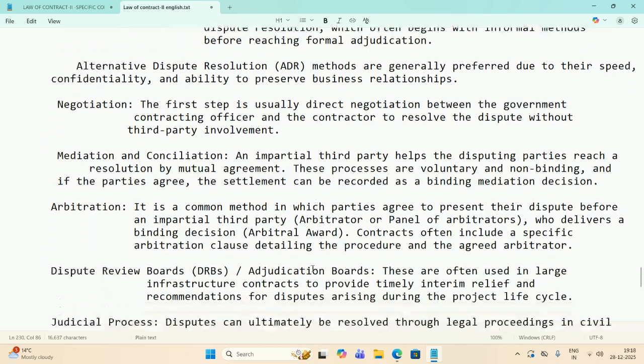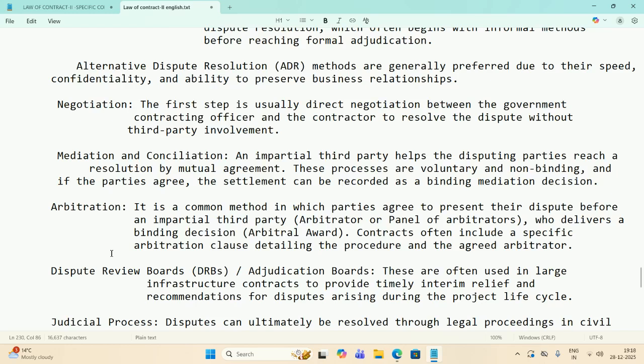Now coming to arbitration. It is a common method in which parties agree to present their dispute before an impartial third party known as an arbitrator. There may be a panel of arbitrators also, who delivers a binding decision, the arbitral award.